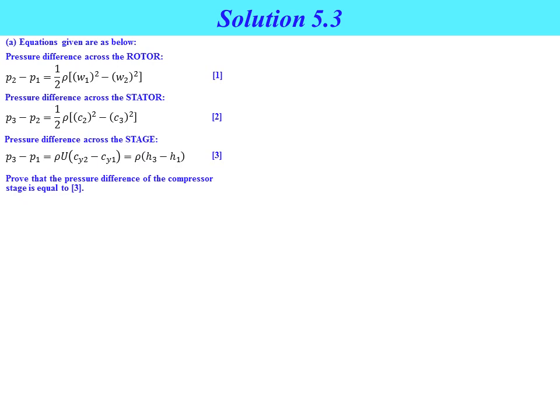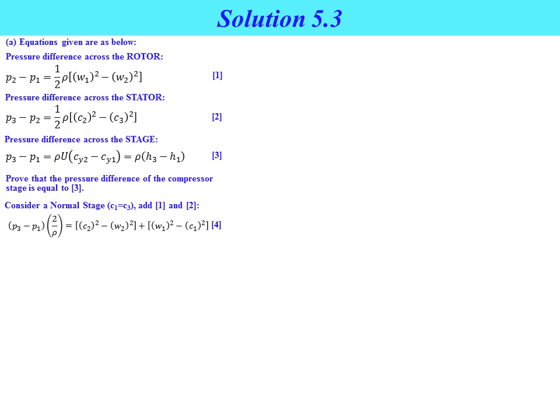So now you need to prove that the pressure difference of the compressor stage is equal to equation number 3. First, consider a normal stage condition where C1 equals C3, and add equation number 1 and equation number 2.